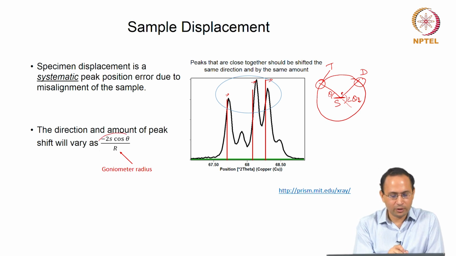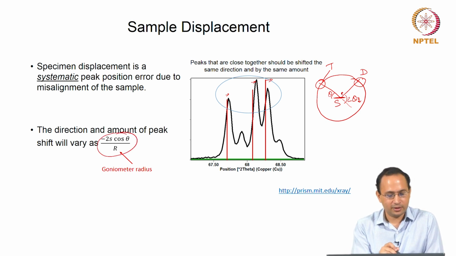And how can you quantify it? Using this formula: minus 2s cos theta over R. R is the goniometer radius. We are talking about this radius R. So, depending on the sample displacement s and angle theta, you can calculate the shift.